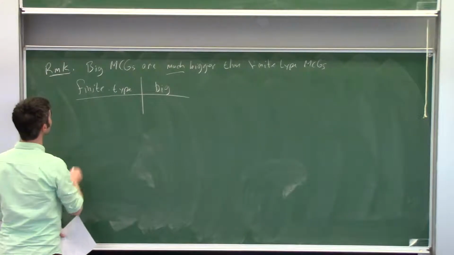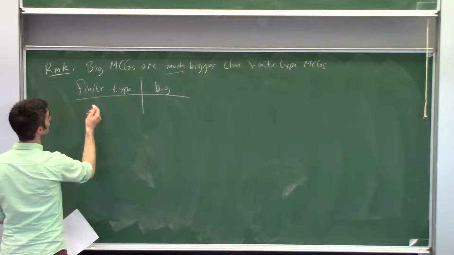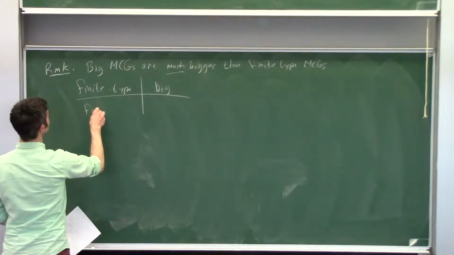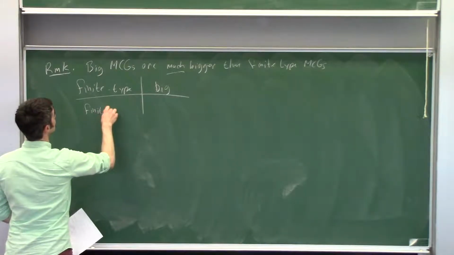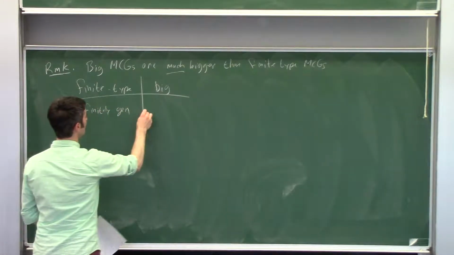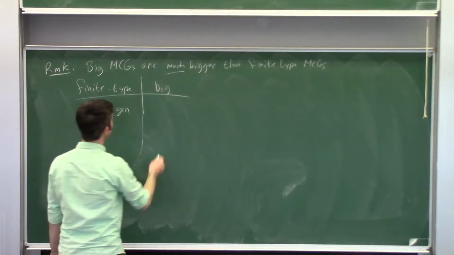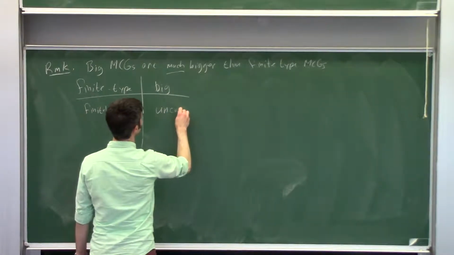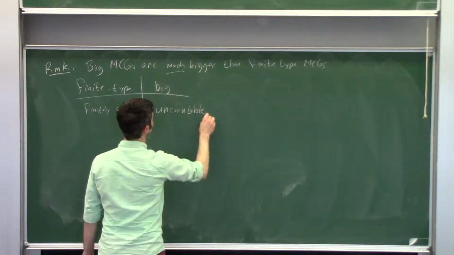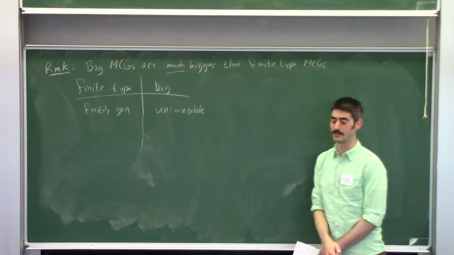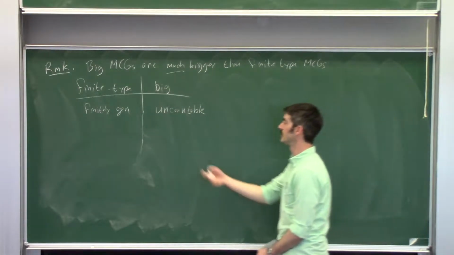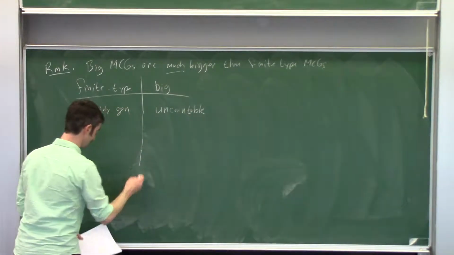Right, so first of all, in the finite type setting, the mapping class group is, of course, finitely generated. In contrast, the big mapping class groups are uncountable. So in particular, they can't be finitely generated or even countably generated. So they're bigger in that sense.